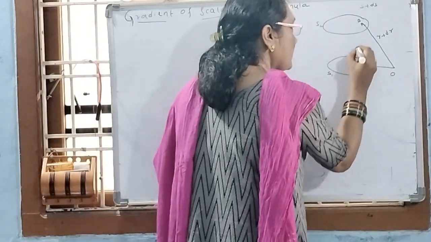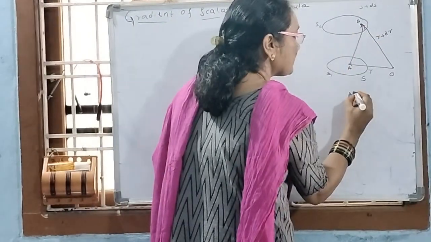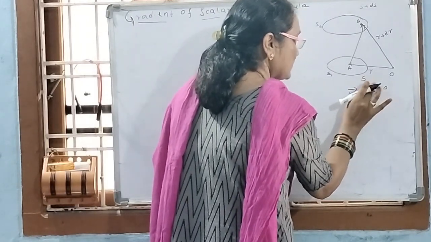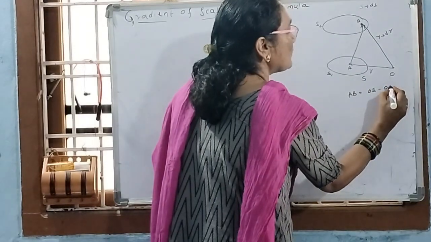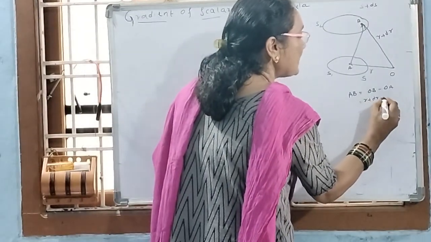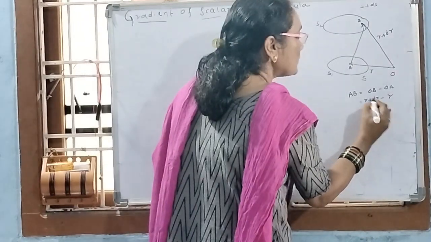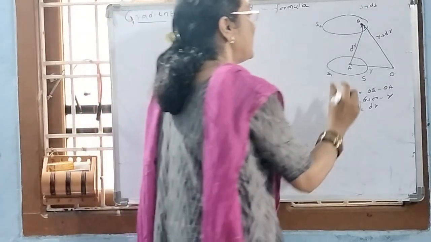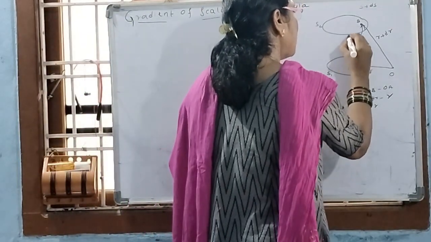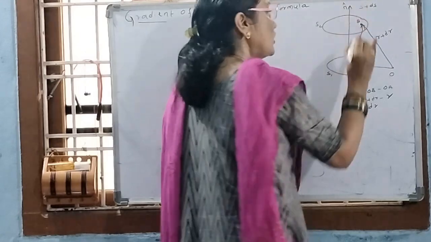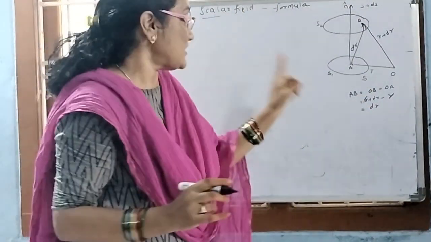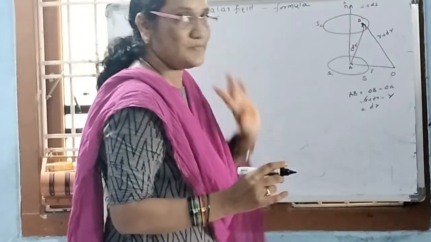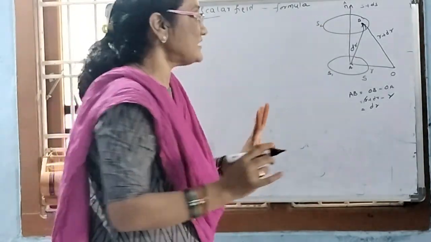So now, what will be AB? AB will be equal to OB minus OA, r plus dr minus r, that is equal to dr, right? Now from A, from surface S1, I am drawing an outward normal n from point A.